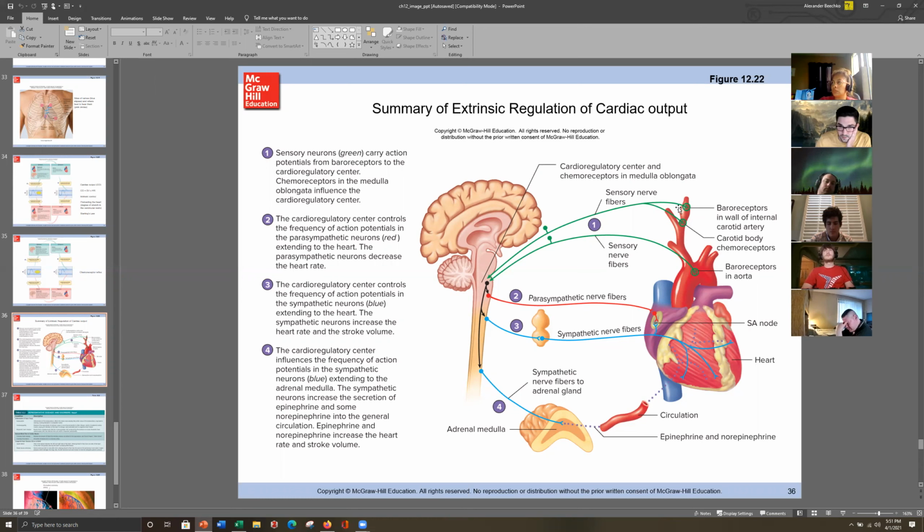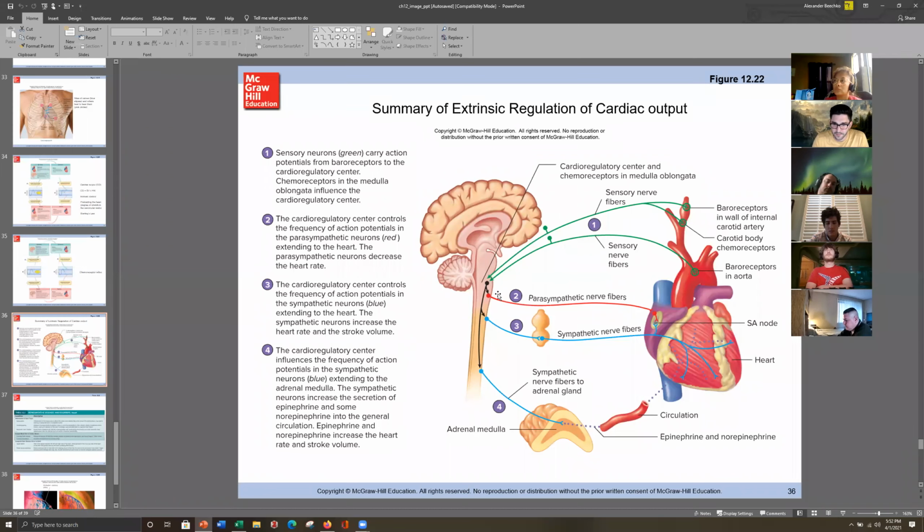Those feed back into the medulla oblongata, same as the ones on the arch of the aorta. Those can send signals back to the medulla oblongata, which will determine whether we need to increase sympathetic stimulation or parasympathetic stimulation, and then change the stimulation frequencies of some of those other nerve fibers.